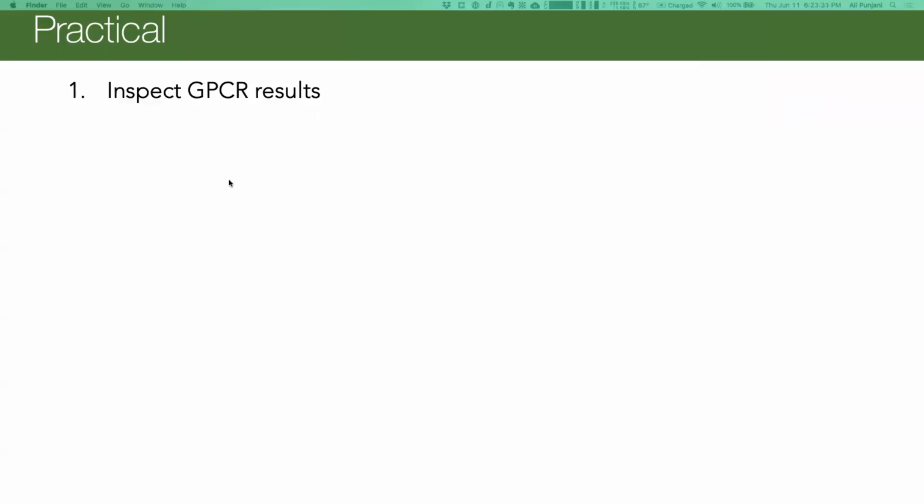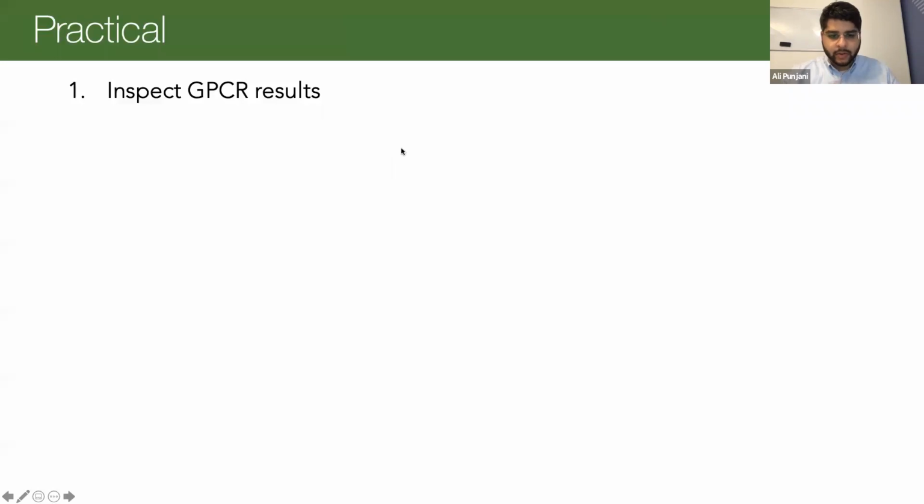Great. Okay. Where we were last is that we had been working on talking about non-uniform refinement and how it works. We had started processing a GPCR structure. I just want to let the practical participants know that probably your GPCR refinements are done at this point, and you can go ahead and inspect those just as a reminder.